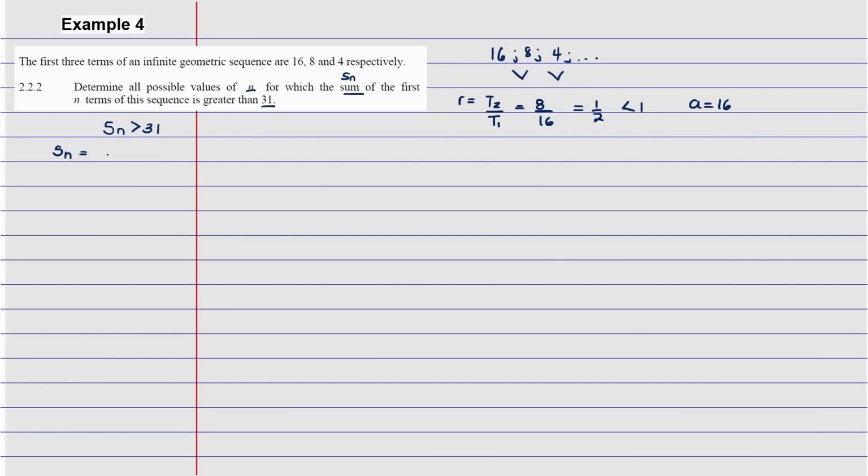Let's substitute that. Since r is less than 1, we're going to use the formula: a times (1 minus r to the power n), divided by 1 minus r.